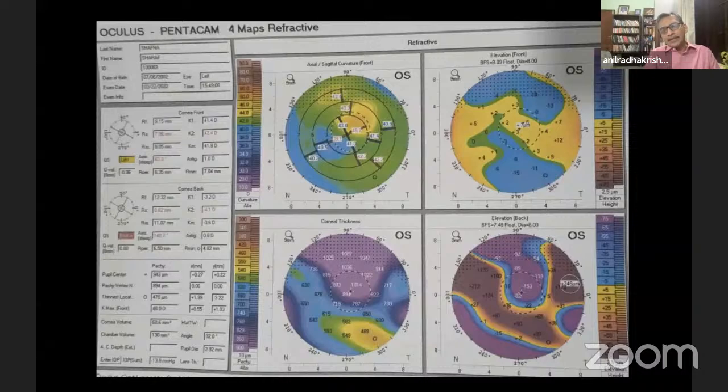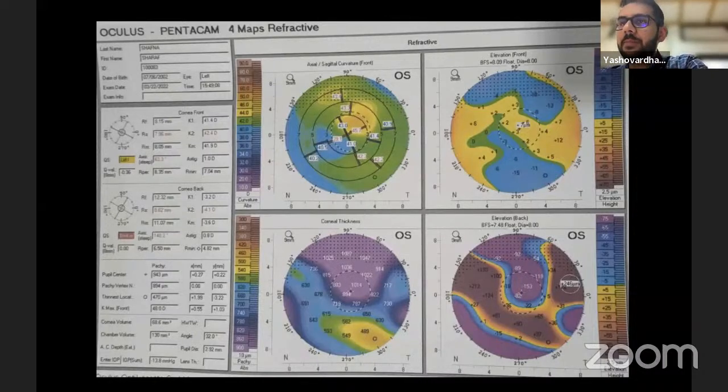Okay, can you go to the anterior and posterior elevation? Yes, sir. Anterior elevation, the diameter is maintained at 8 millimeter, and the best fit sphere is 8.09. Okay, so the best fit sphere is exceeding the diameter of the studied area. Then there is plus 7 micron at the center of the 3 millimeter zone.